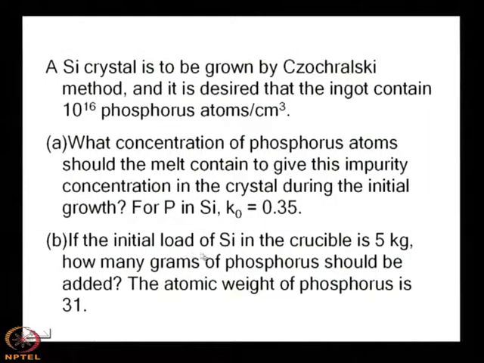So, that is the beauty of doping in semiconductors. 5 kg of silicon is doped by only 2.9 milligram of phosphorus to get a concentration of 10 to the power 16. If you want 10 to the power 16 to be 10 to the power 17 or 18, then 2.9 will be increased, but not to the value of kilogram or gram.